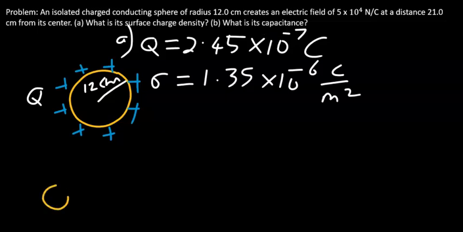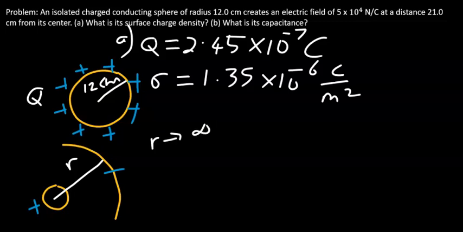This is a sphere, and you have positive charges on it. We shall take another sphere to be at infinity, and let's assume that sphere has negative charges on it. And the distance between them, the R, is large.